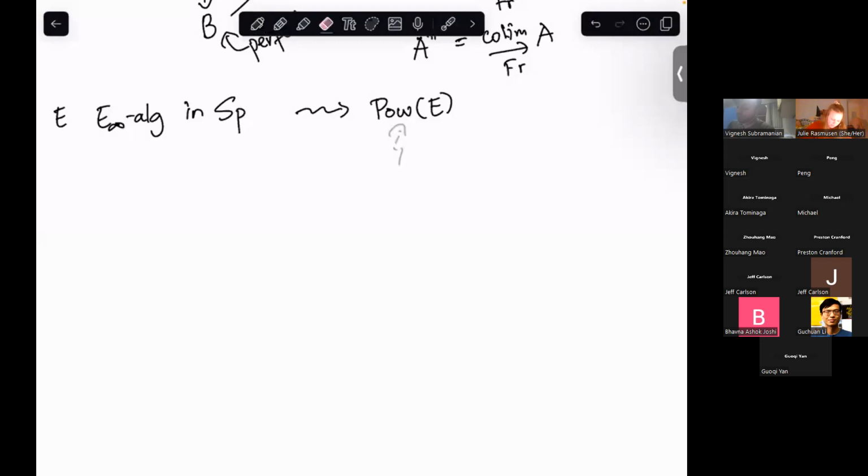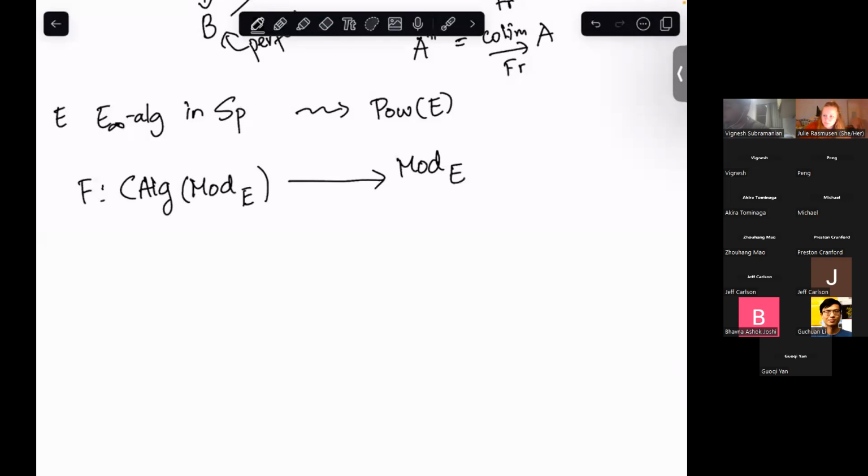So how is it defined? You have the forgetful functor from commutative algebras over E to modules over E. And then the functor f belongs to functors from, or you can actually go all the way to spectra. So let's go to spectra.